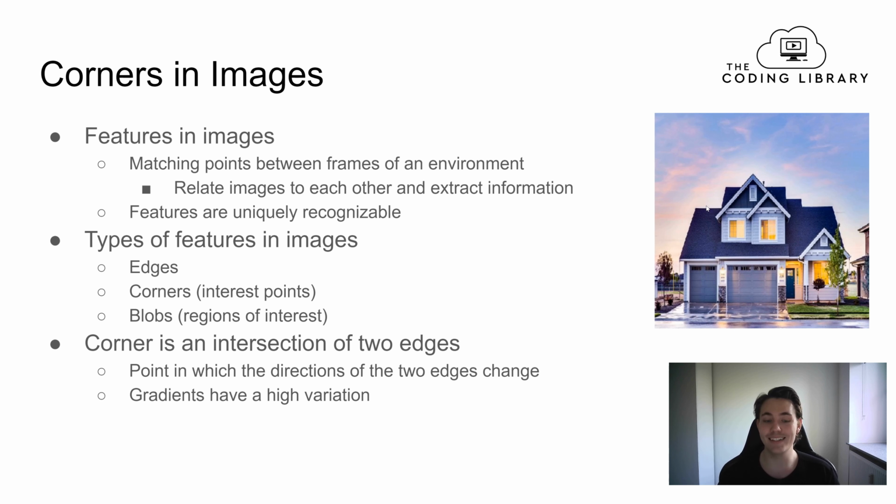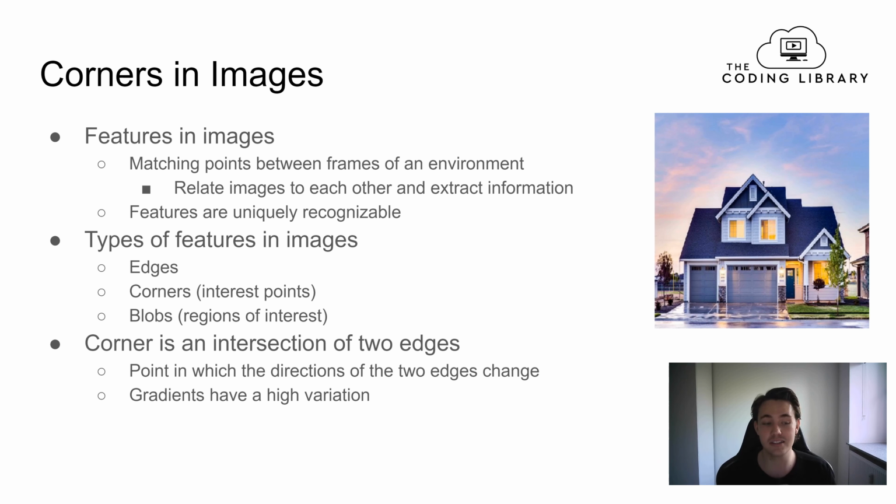A corner is an intersection of two edges. When two edges meet, we have a corner, a point in which the directions of the two edges change. When talking about edges, we have different gradients that we can calculate for a point to see if it's on an edge.